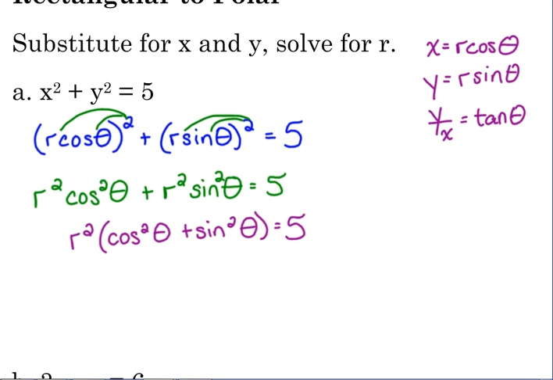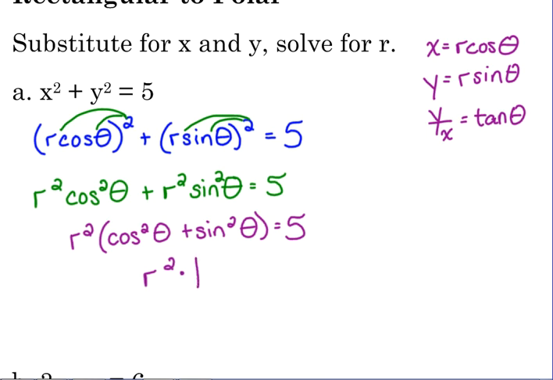Okay, just taking out that GCF of r squared. What's cosine squared plus sine squared equal to? 1. Okay, it's the same thing as sine squared plus cosine squared. That does not change. We're not talking about trig identities, but that relationship still exists. That does not change regardless of what situation we're talking about. So that whole thing right there is equal to 1.